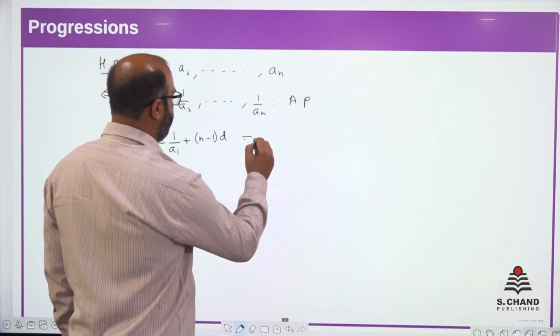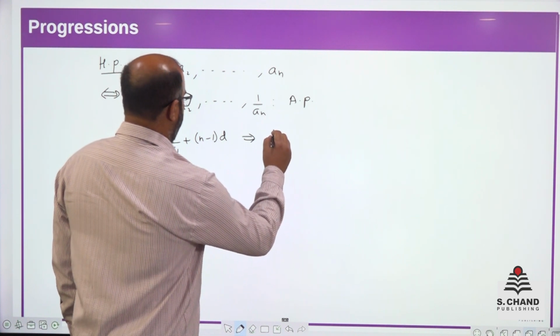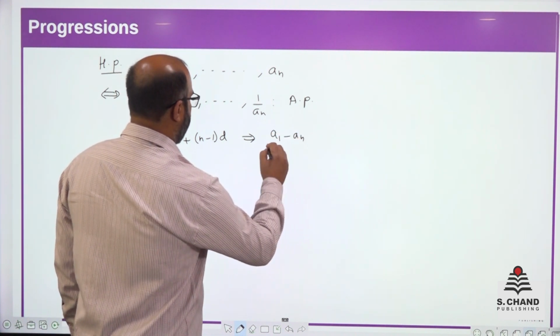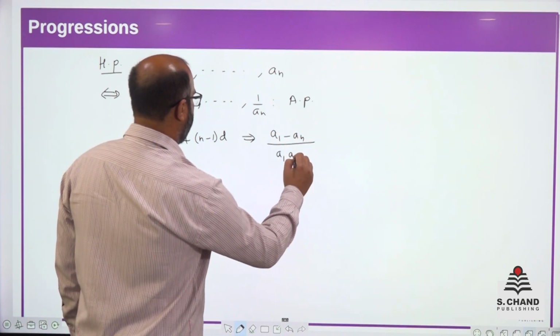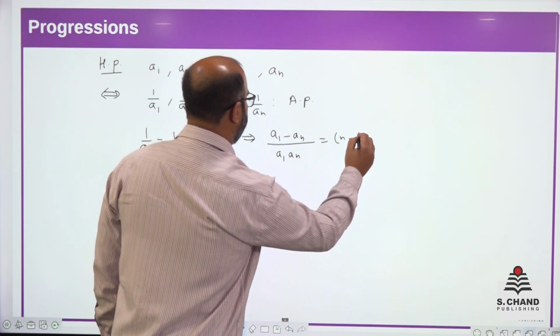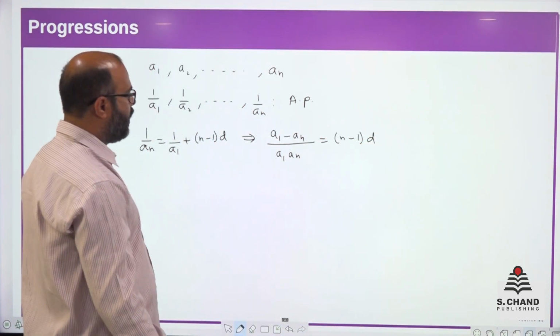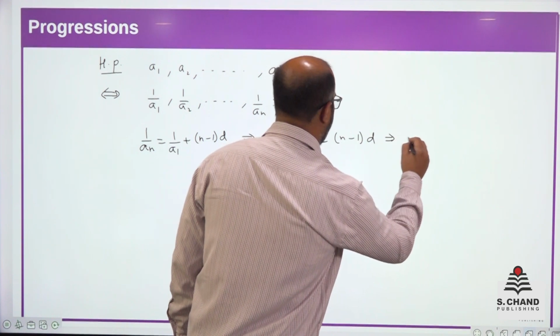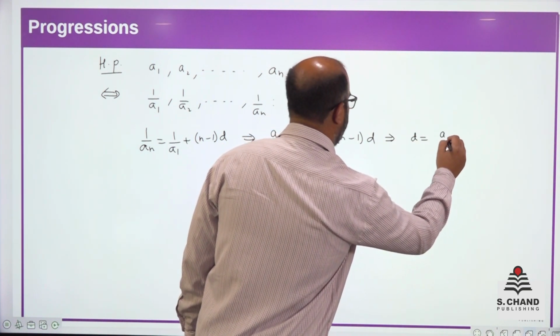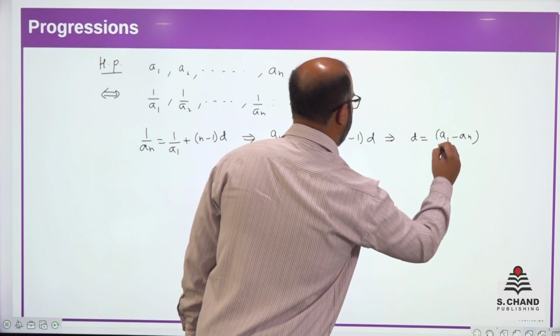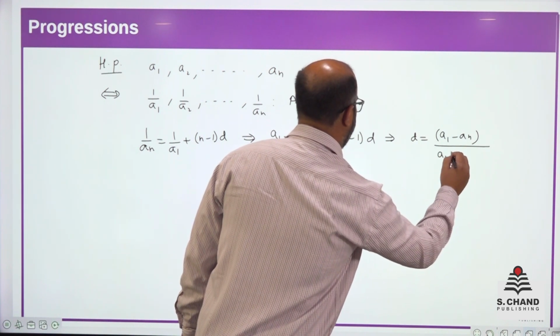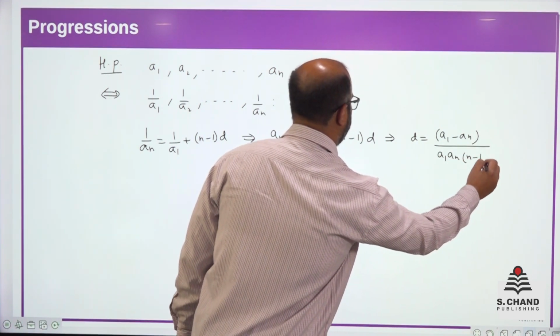So this will become a1 minus an by a1 an is equal to n minus 1 d. And then you can say that the common difference is equal to a1 minus an upon a1 an into n minus 1.